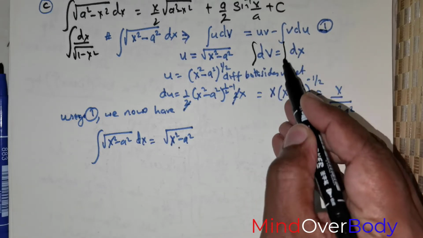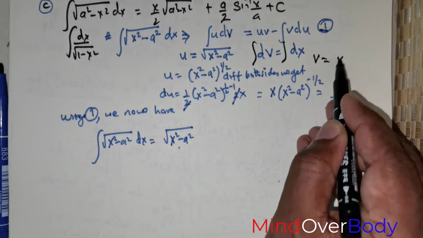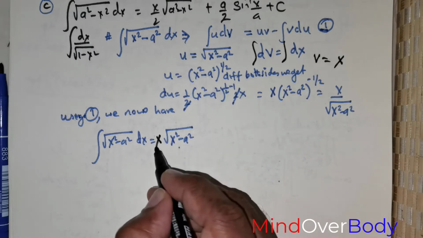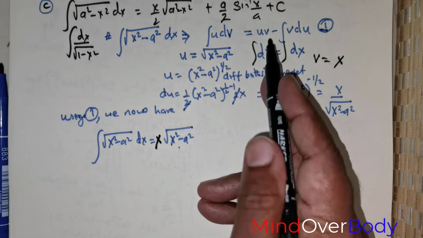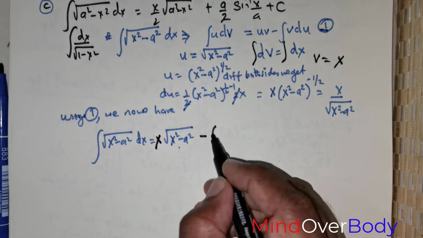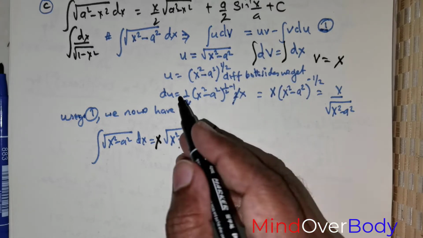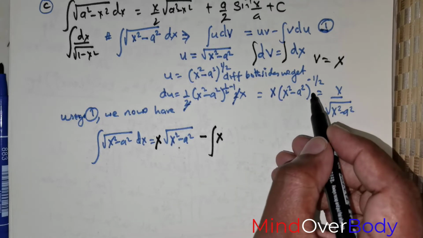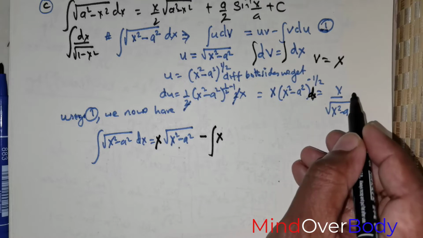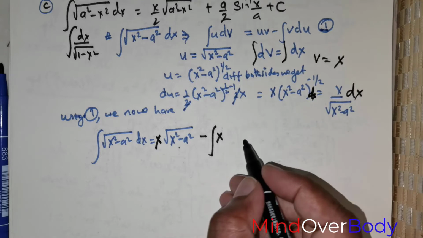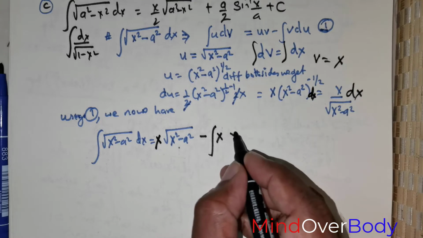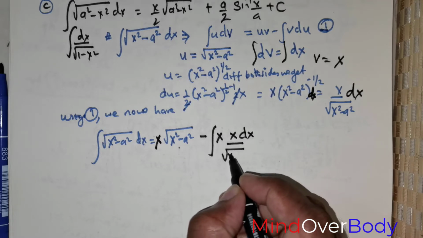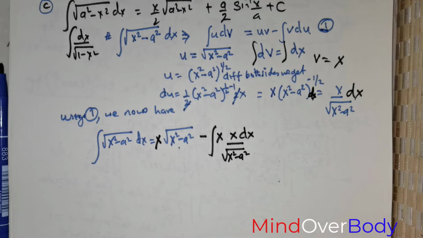Now integrating, we get v is equal to x. So I'm going to place x here, followed by a negative integral of v, which is x, times du, so I need to actually place a dx here. This is going to be x times dx over root of x squared negative a squared.